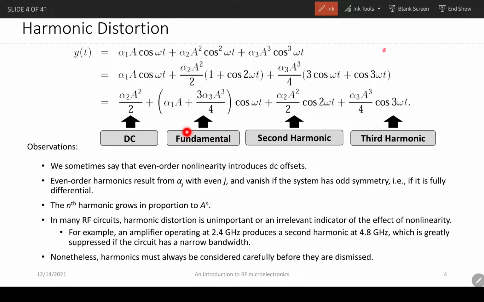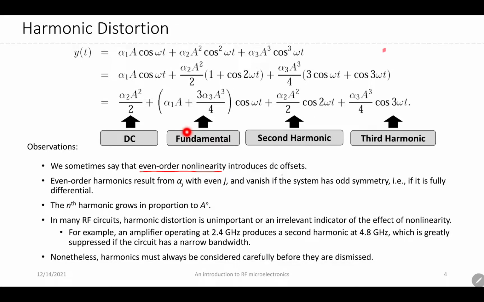So all the even order nonlinearity terms, they introduce these DC offsets. So you may see a system, y of t. You may supply a signal x of t without any DC offset, right? And you might see that the output, instead of this, now the output has a certain DC offset.